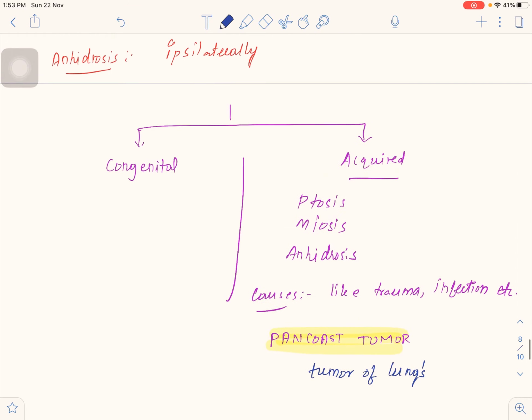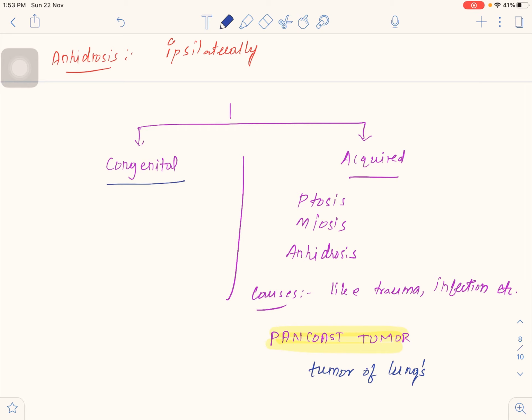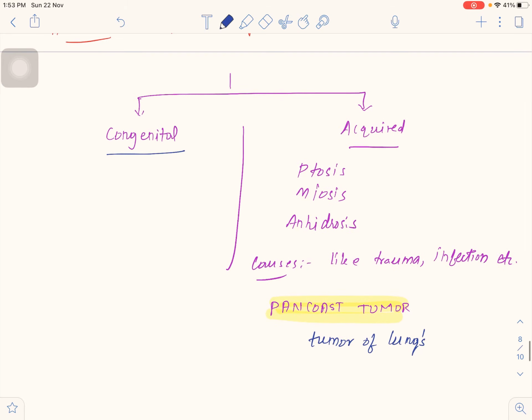So next, coming to congenital Horner syndrome. This is seen within 2 years of birth, and acquired is usually seen after 2 years of birth.